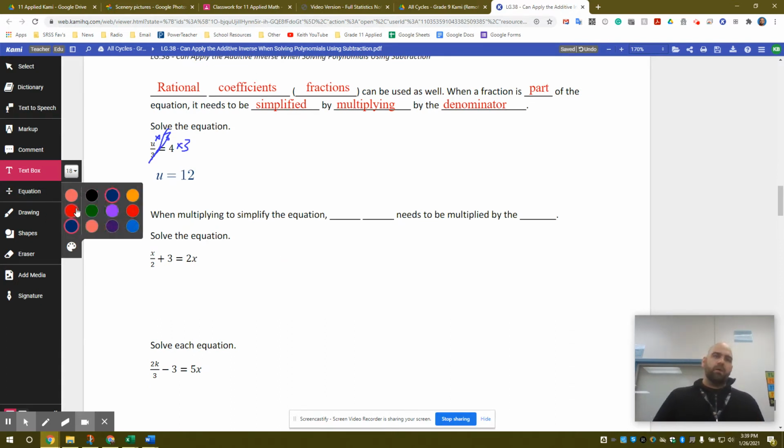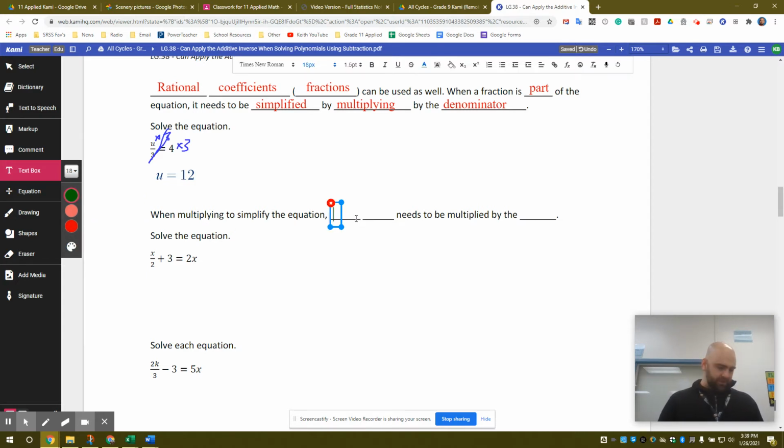Now, when multiplying to simplify the equation, as I've mentioned and as I've tried to stress over and over again, each term needs to be multiplied by the same value. So it's not just each side, each term has to be multiplied by the same value. So here we have another equation where we have 3 terms.